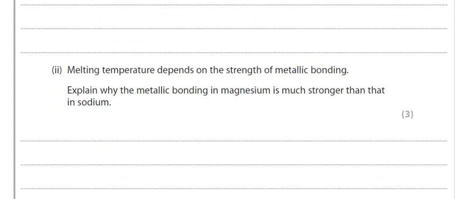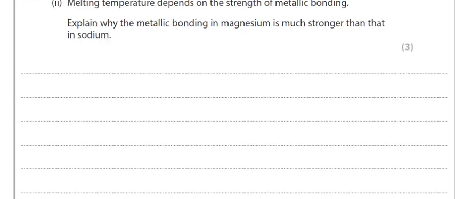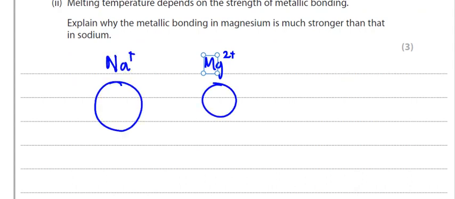Explain why metallic bonding in magnesium is much stronger than in sodium. Magnesium has a smaller cation radius than sodium. Sodium is large, magnesium is small, and also magnesium has a greater charge than sodium. So greater charge, smaller cation, and the number of electrons in the sea of delocalized electrons is greater in magnesium than in sodium, because each magnesium atom donates 2 electrons to the sea of delocalized electrons, whereas sodium donates only 1 electron.